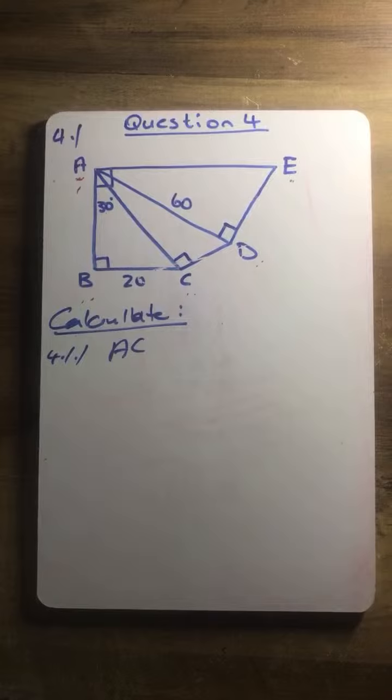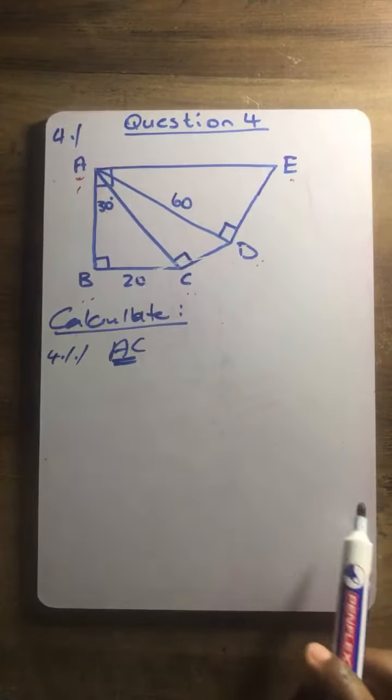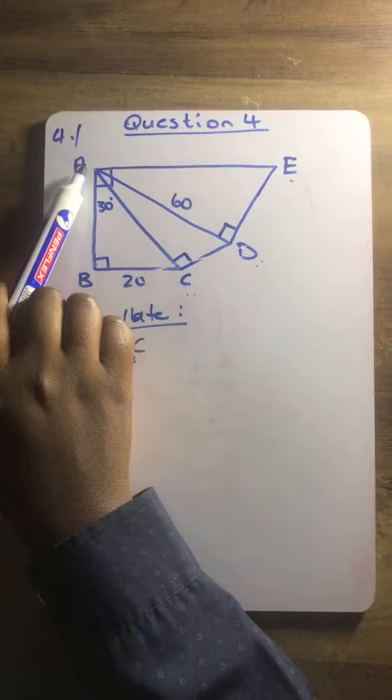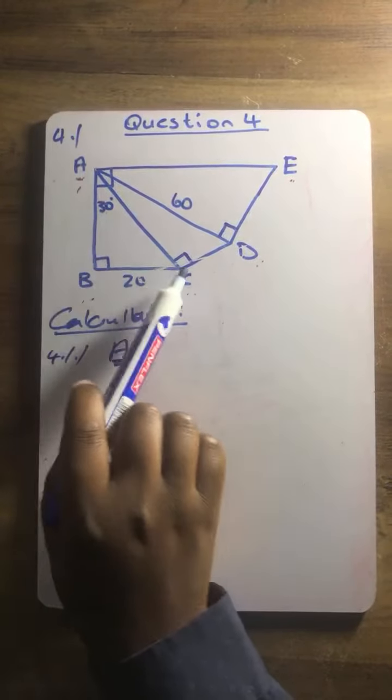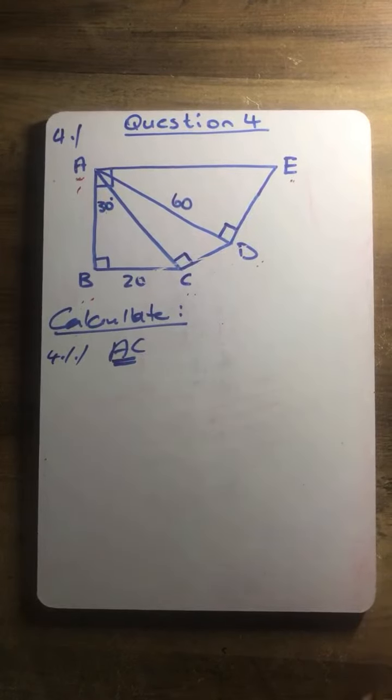But let's quickly check. AC is what I wanted you guys to calculate. So that means AC is from there to there. You need to ask yourself which triangle that length AC is connected to.